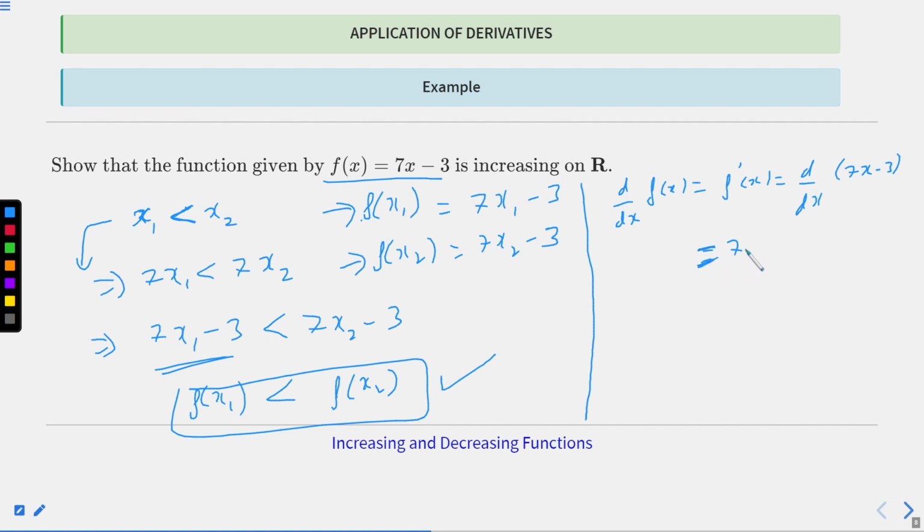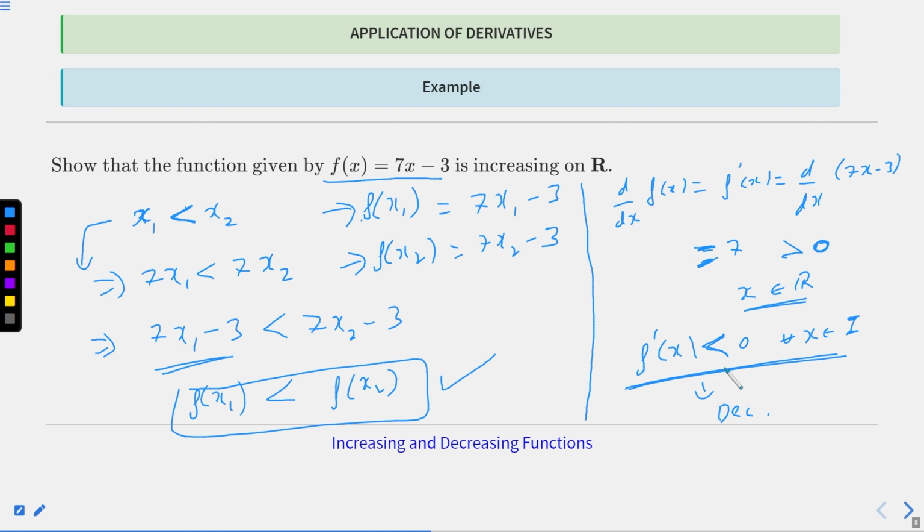This 7 is greater than 0 for every x belonging to the real numbers. So if f dash x is positive for every x in the interval, whatever interval we choose to take, then your function is increasing. If f dash x is negative, then your function is decreasing. I hope that it is clear to you.